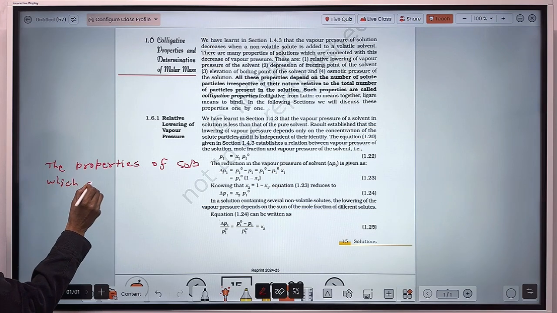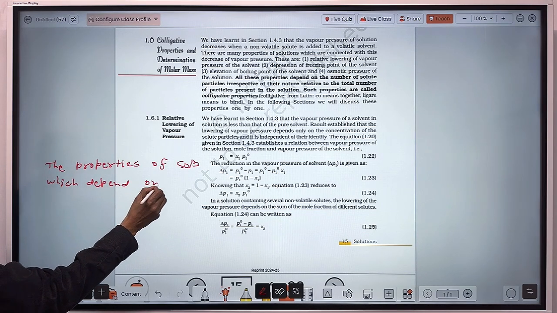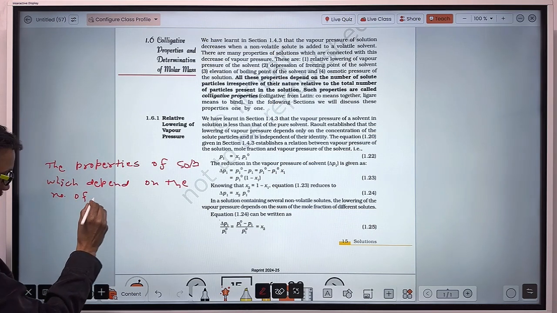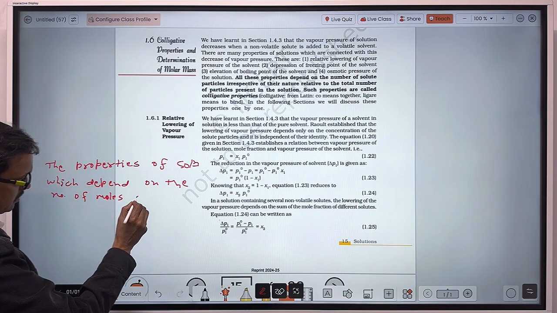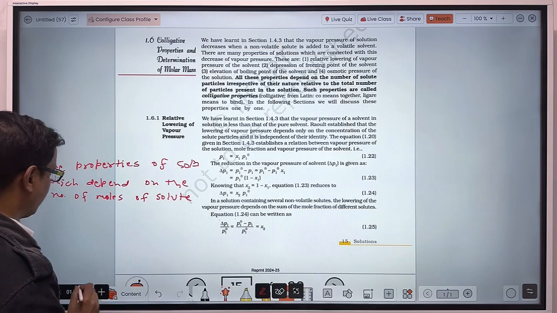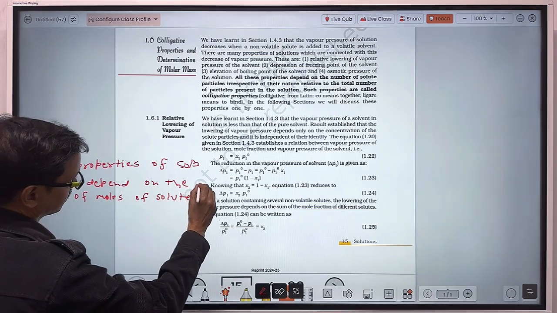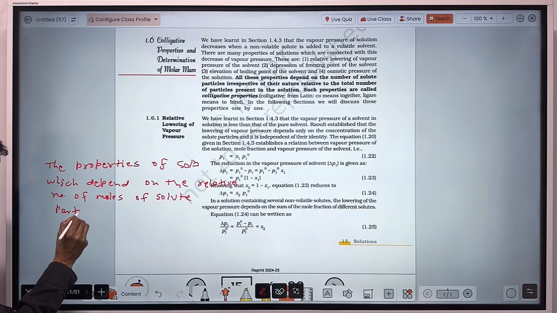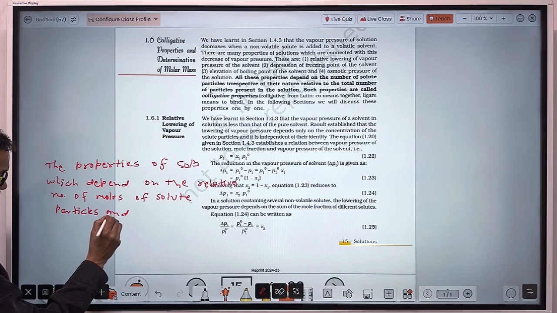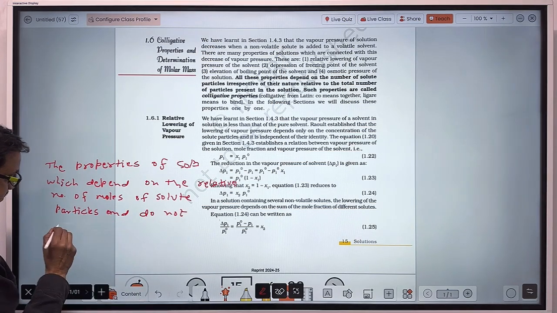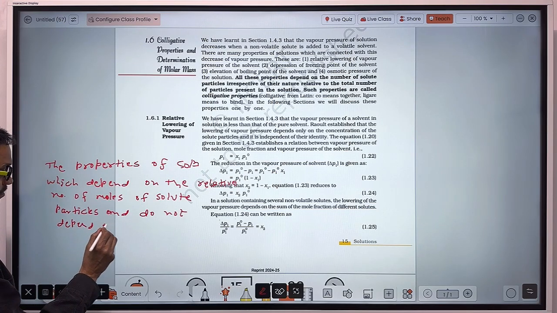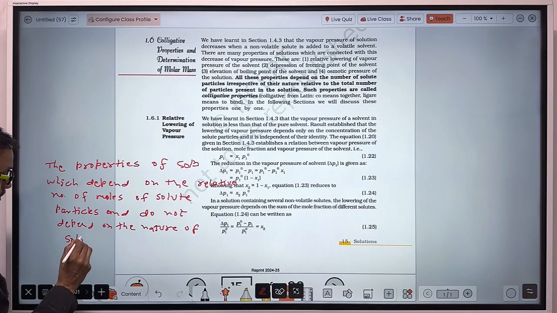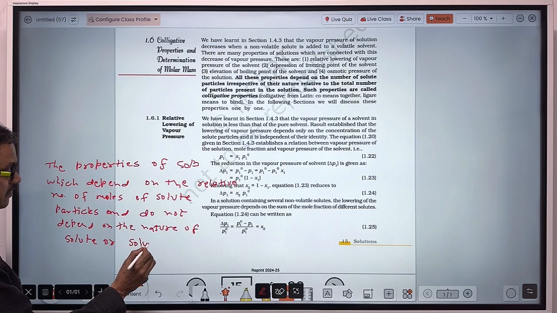which depend on the number of moles of solute particles, or the relative number of moles of solute particles, and do not depend on the nature of solute or solvent particles.